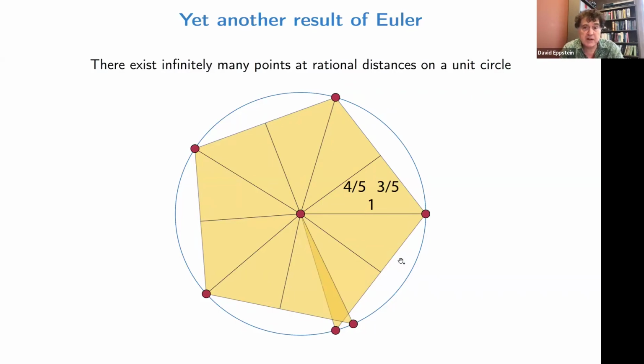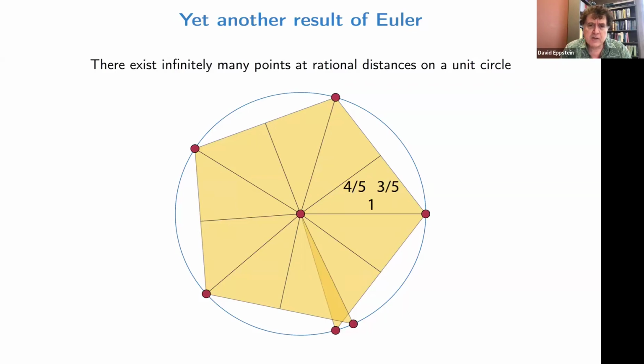And one way to do that is to again use a 3, 4, 5 right triangle, scaled so that the hypotenuse is 1, and repeatedly reflect it across one of its sides to another point on the circle, to another point on the circle, keep going around. Because this angle is irrational, it's not a rational multiple of pi, you can keep going around and you'll never repeat the same point twice. But all of these points on the circle and the center of the circle have rational distances from each other. And so this gives you an infinite set of points with rational distances to each other.